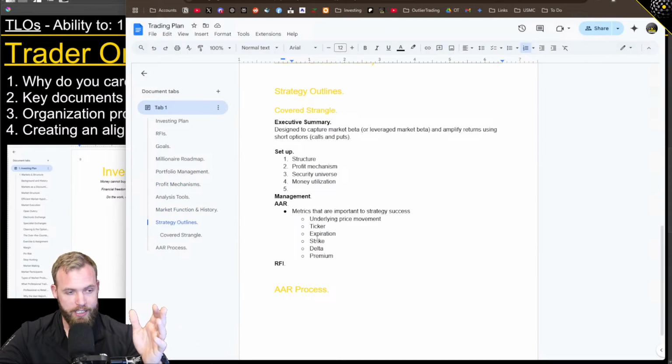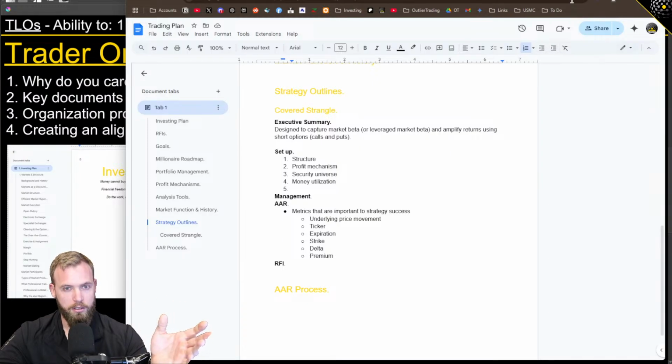Then, as we look at the individual strategies that we're going to try to trade, we start to have a sense of how much money we need to use. How does the underlying typically move in whatever the kind of strategy is that you're trying to trade? And then what metrics are important to include in a trade log so then you can analyze the performance of what you're doing.